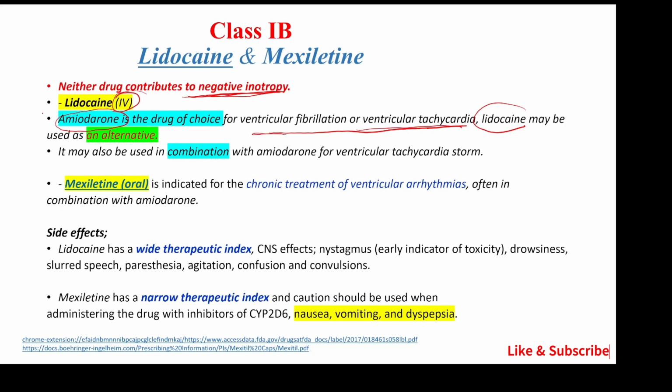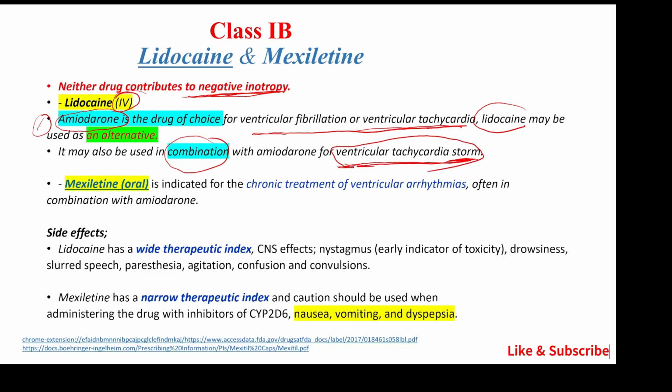So the first option will be amiodarone for ventricular fibrillation and ventricular tachycardia. The alternative option will be lidocaine IV. Also, we can use lidocaine with amiodarone for patients with ventricular tachycardia storm. That means we are talking here about severe symptoms related to ventricular tachycardia.